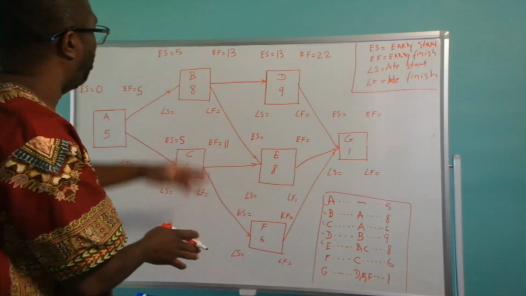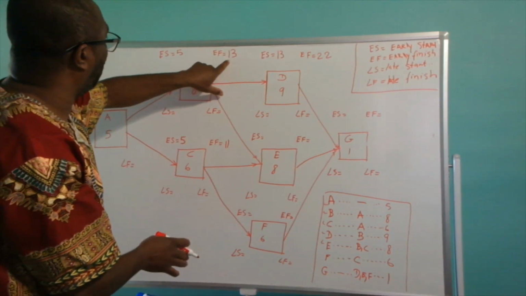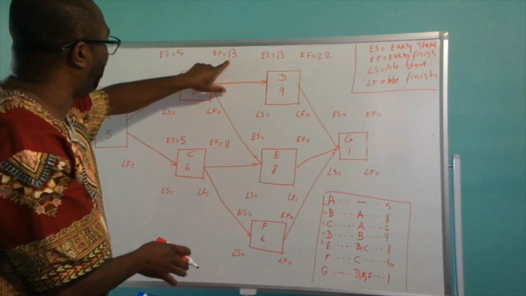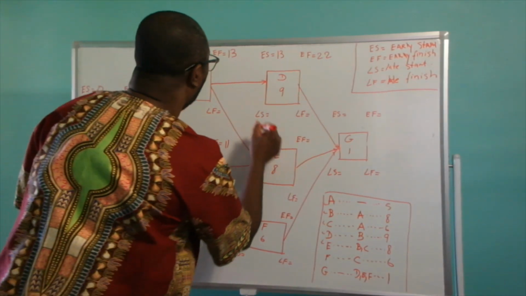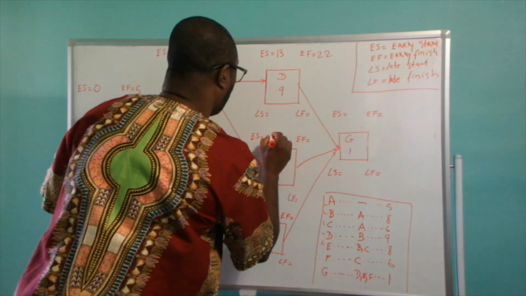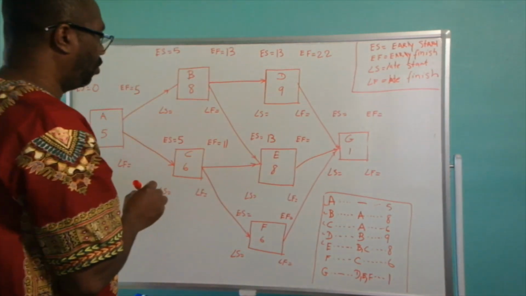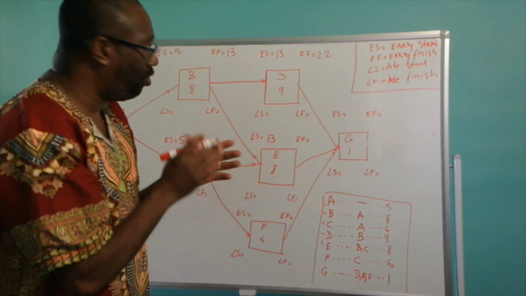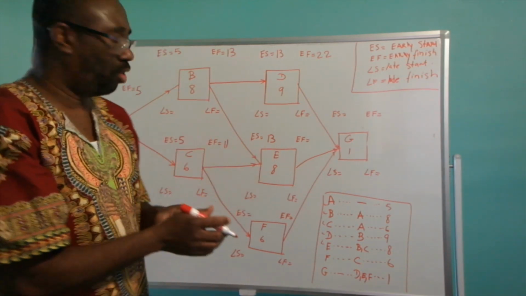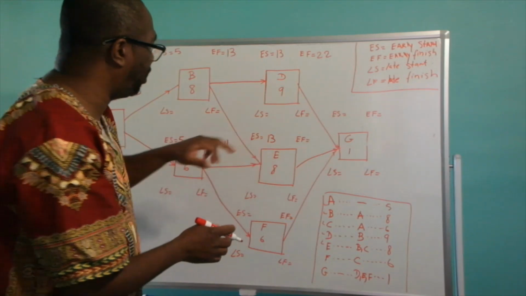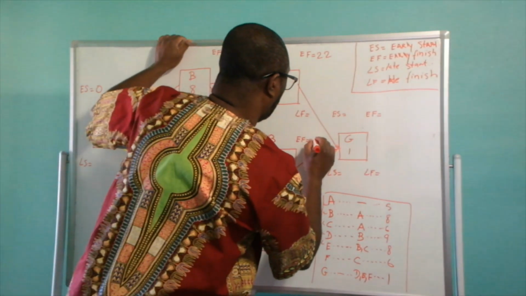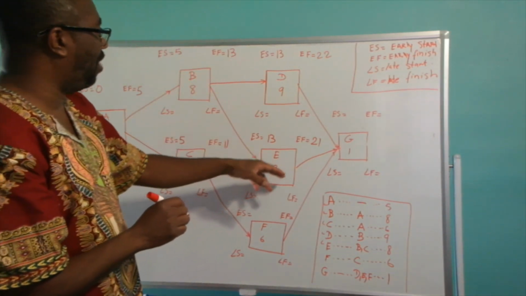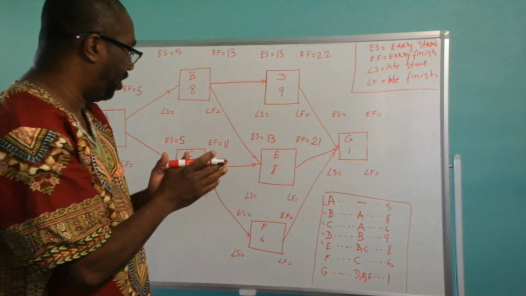So this 13, which is the early finish for activity B and C, is going to be the early start for activity E. So we're going to put our 13 right there. Activity E has a duration of 8 days, so we're going to add this 8 to the 13 and bring the early finish to 21. So activity E is going to have an early finish of 21 days.